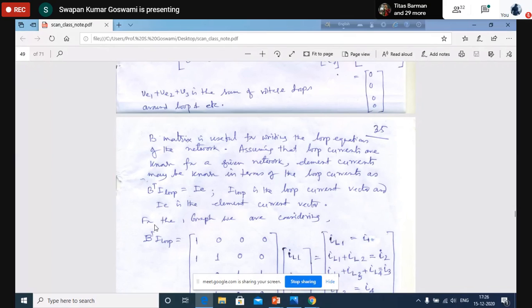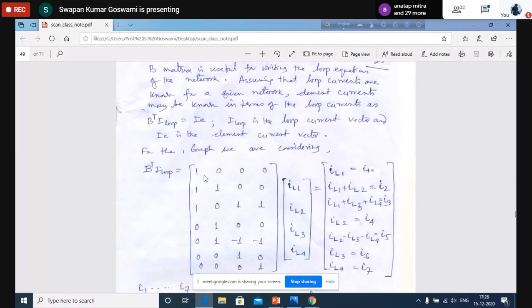So let us see what we get if I pre-multiply this by the transpose of B. First, you write B transpose.